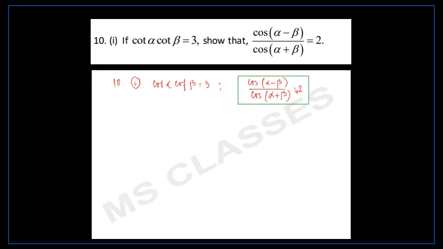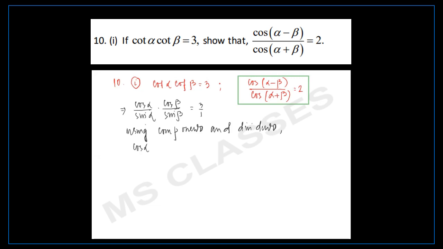Very simple. What we'll do? Cot alpha means what? Cos alpha by sin alpha. Cot beta means what? Cos beta by sin beta, equal to 3 by 1. Now, using componendo and dividendo, what can we get?